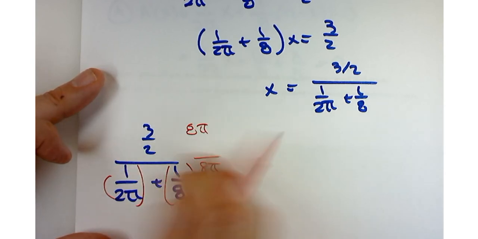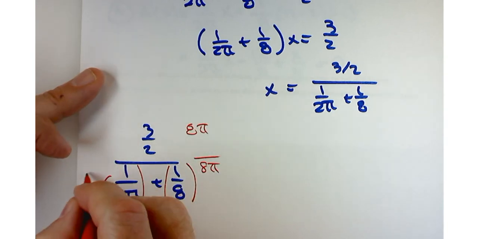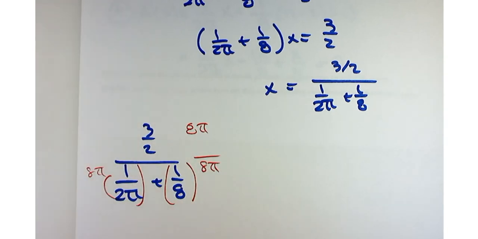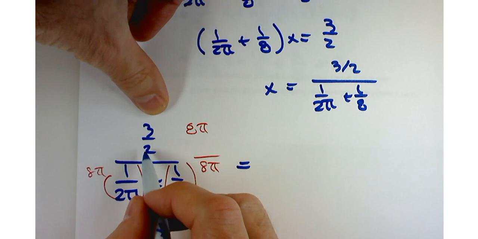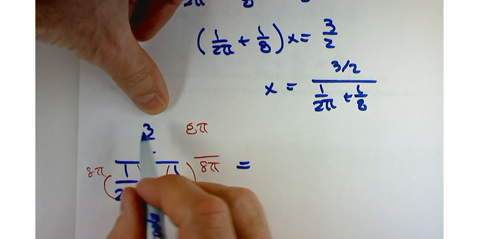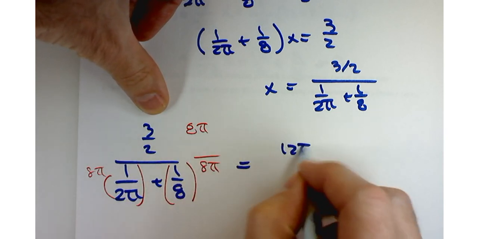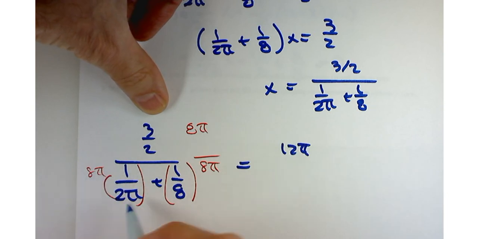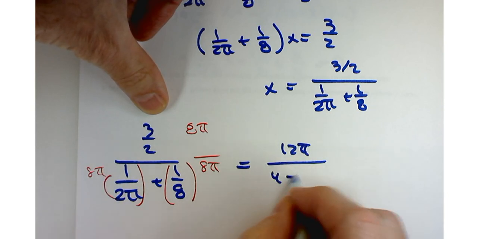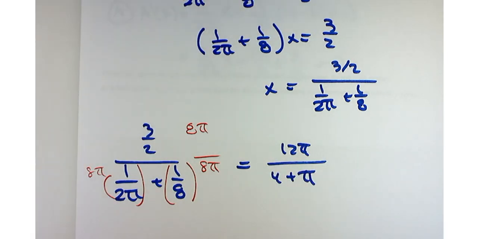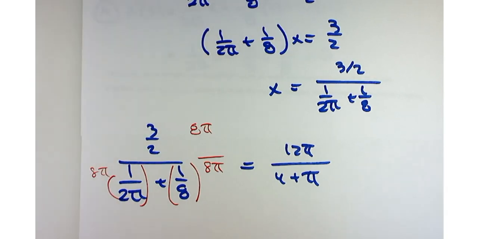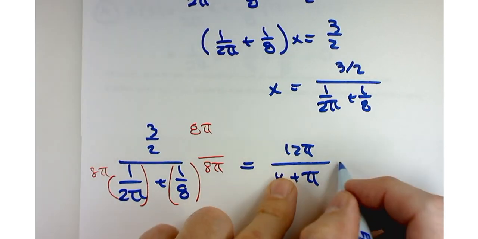But if I distribute that instead of canceling it, I end up multiplying everything by 8 pi. And let's see what expression I get. It'll be a little bit nicer to deal with. The 2 will cancel in there 4 times. 3 times 4 will be 12 pi. This will cancel altogether, and I'll be left with a 4 plus pi. So that might be a little bit nicer. I don't know if it was worth it for you personally in terms of the work, but that might be a little bit nicer to deal with.